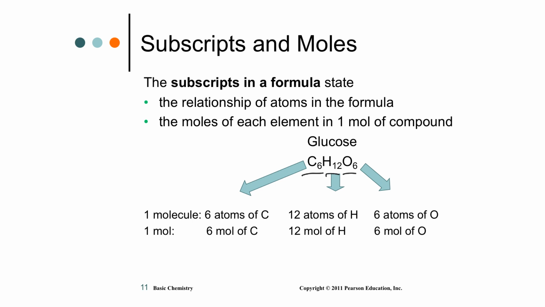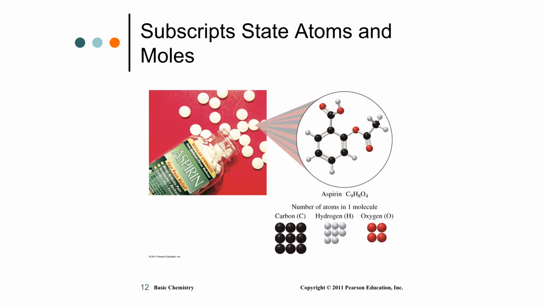Well, in this glucose, that's sugar, in 1 molecule, it would break into 6 of these and 12 of these and 6 of these. So that's 24 things that one thing breaks apart into. So if you're thinking of just atoms, 1 mole of glucose will give you 6 moles of carbon, 12 moles of hydrogen, 6 moles of oxygen. The subscripts tell you how many atoms of that type are in that molecule.